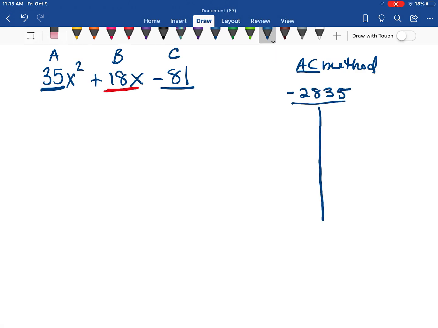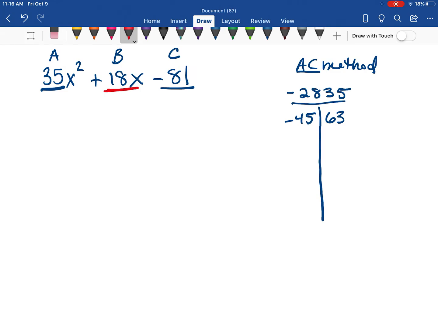So after doing some checking, I find that if I take negative 45 times a positive 63, when I multiply those, that gives me negative 2,835. But when I add them together, I get positive 18.